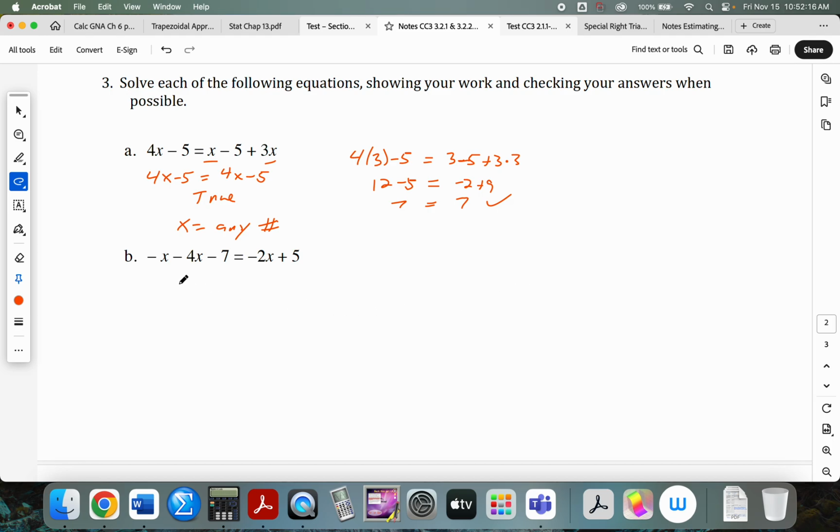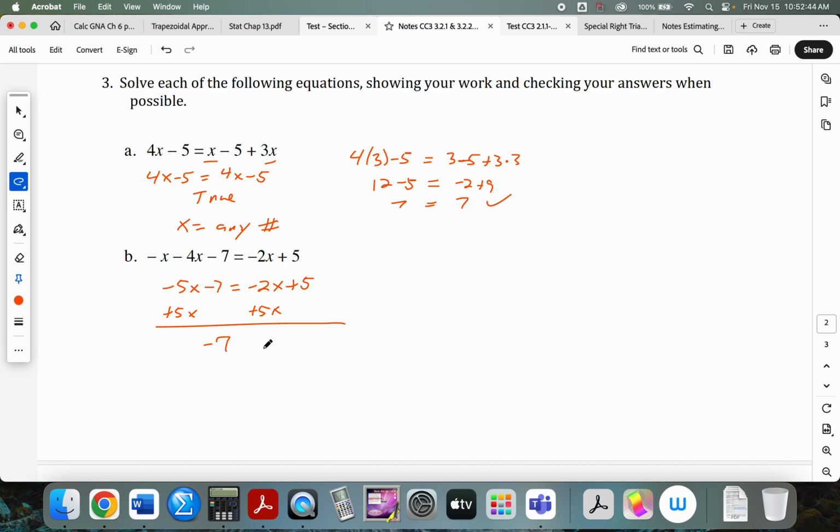All right, let's try this one. Again, step 1, do what? Simplify. That's going to be negative 5x minus 7 is equal to negative 2x plus 5. If I want to get rid of the negativeness, I'm going to add 5x to both sides, so that I get rid of all the negative x stuff.